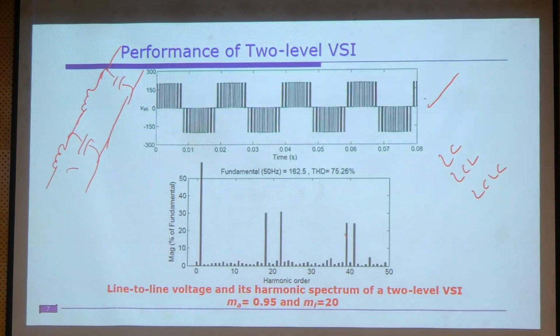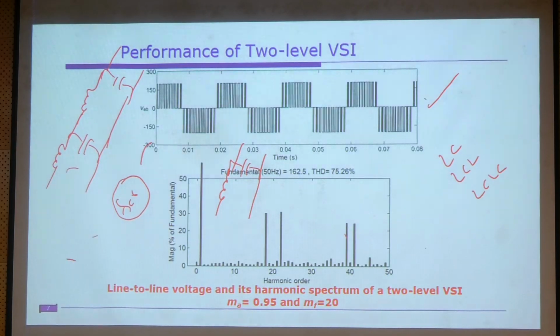Another thing is how much resonant frequency you should choose. In case you are operating at a carrier frequency of FCR, which is the carrier frequency chosen for some sine PWM technique, then for this converter with an LC filter, the resonant frequency is supposed to be 10 times less than that.